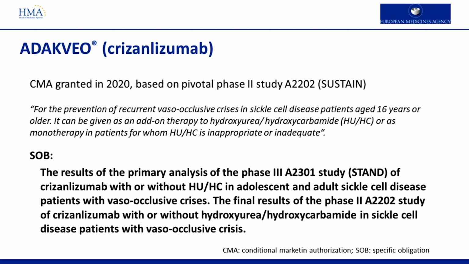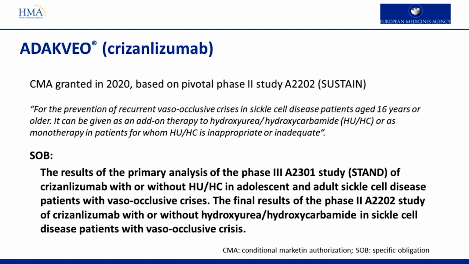The benefit-risk balance of Adakveo was considered at that time favorable for the prevention of recurrent vaso-occlusive crisis in sickle cell disease patients aged 16 years and older, based on the available evidence at the time and subject to additional confirmatory efficacy and safety data to be generated in the context of a conditional marketing authorization.